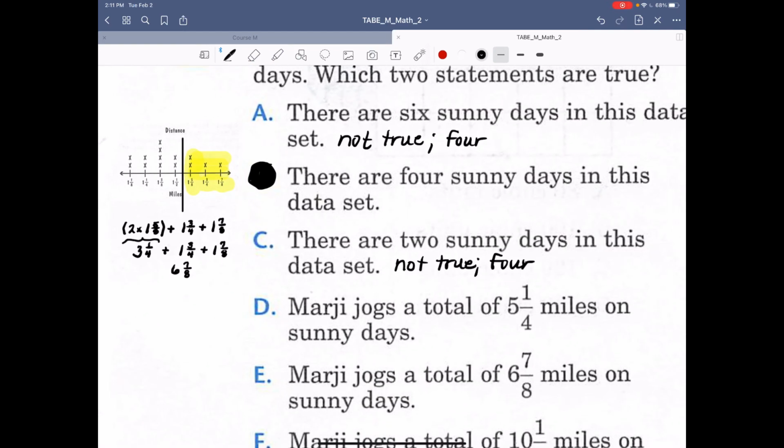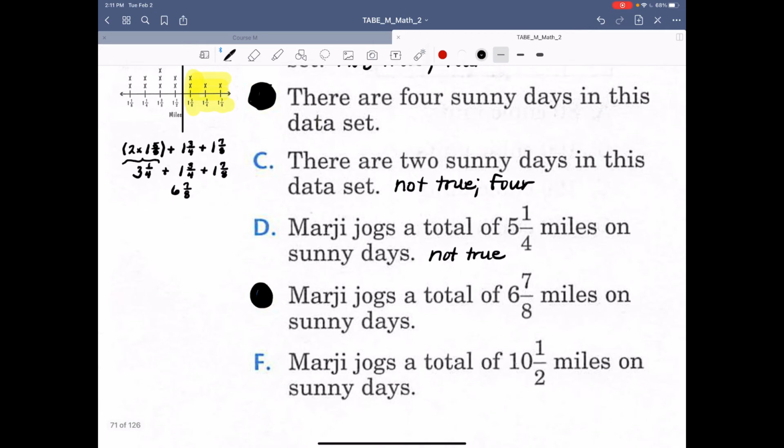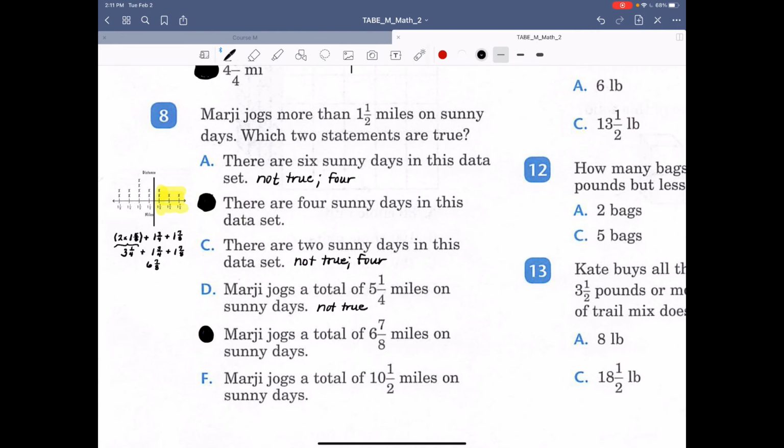All right, so Margie jogs 5 1/4. That's not true. Margie jogs 6 7/8. I like that one. Margie jogs 10 1/2 on those days, and that's not true. So the 2 that are true are B and E. B and E for number 8.